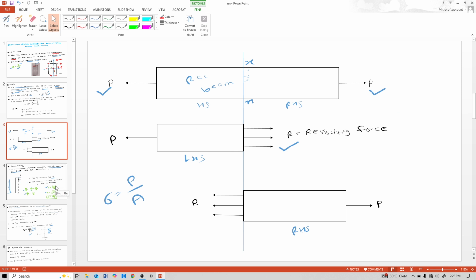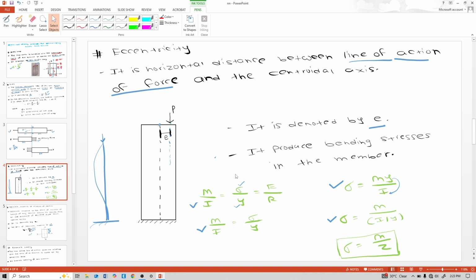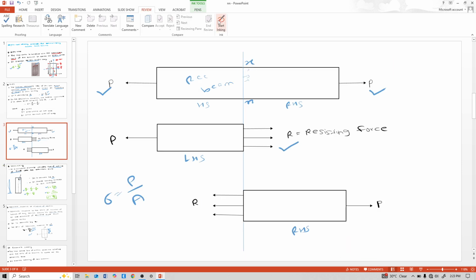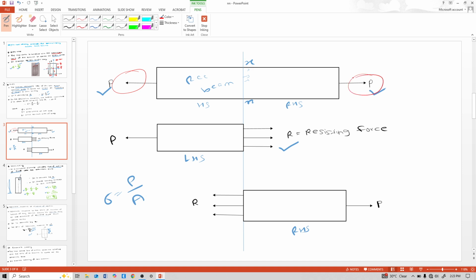See the difference between direct stress and bending stress. Bending stress comes due to bending in the member, and direct stress comes due to tensile or compressive forces in the member. If a force is acting like that, then in an RCC beam bending stress will develop, with tension and compression along the longitudinal line.